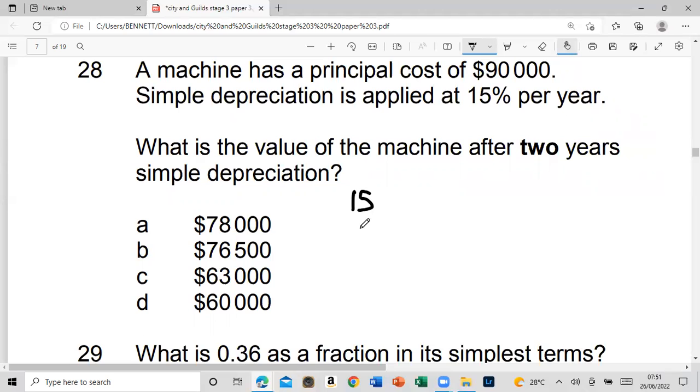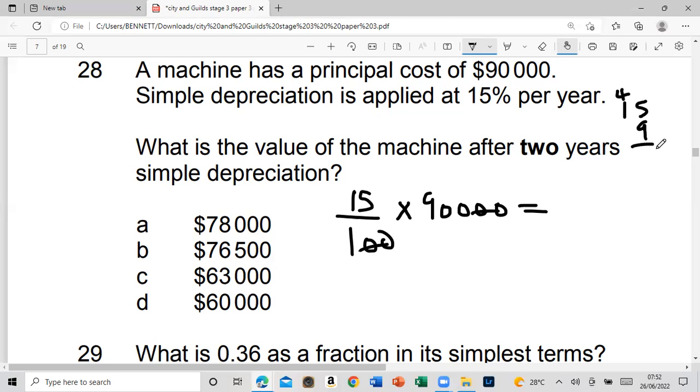So let's find 15% of the 90,000. We could just multiply 9 times 15 and then add the 0. So 9 times 15. 9 fives are 45, 9 ones are 9 and that's 90.